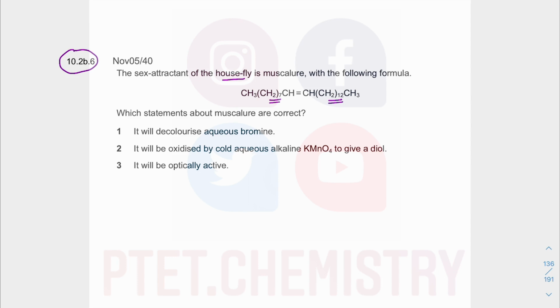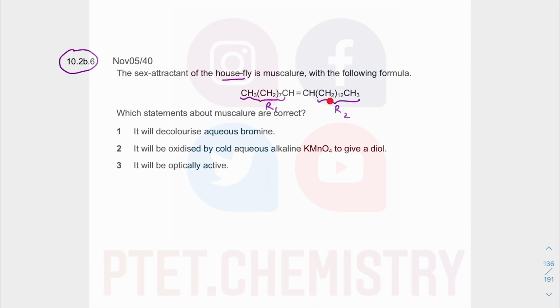Actually, I can draw it out, because I can simplify that as R1, and I can simplify that as R2, because that is basically a straight chain alkane. It's not branched. That CH3 (CH2)7 means it's a C8 straight chain.